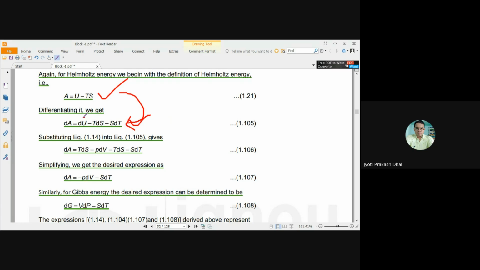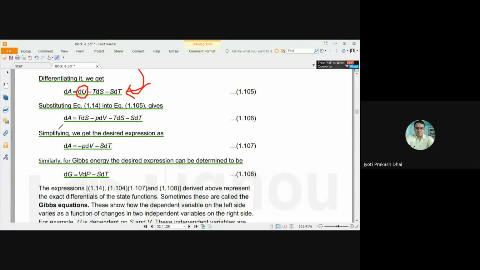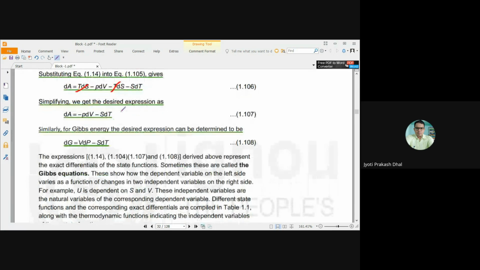And again, putting the value of dU from the fundamental equation, we can write dA equals TdS minus PdV minus TdS minus SdT. That means these two terms will be cancelled out. And finally, we can write dA equals minus PdV minus SdT.